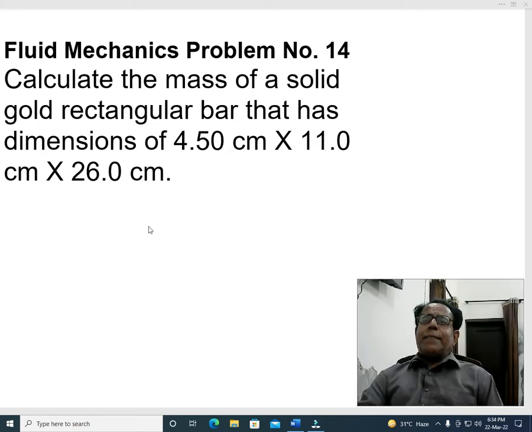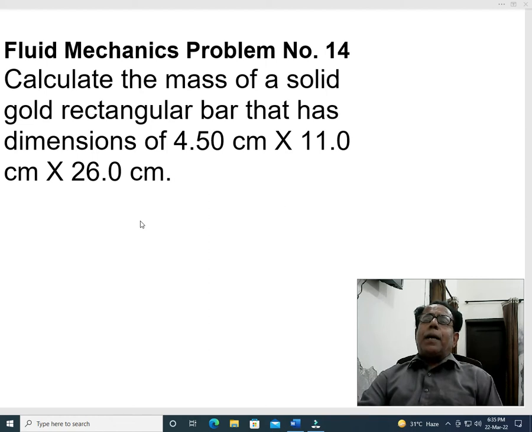This is our next problem, fluid mechanics problem number 14. As usual, first we come towards the statement.